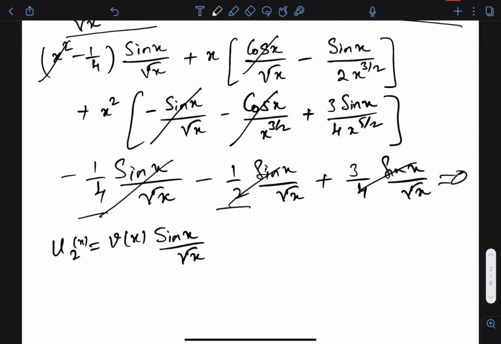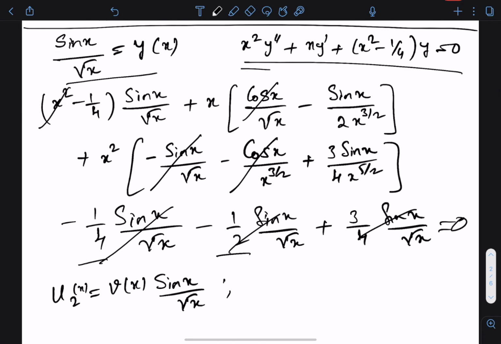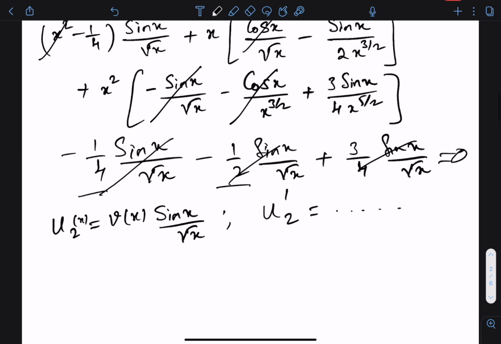We want u2 to be a solution to this ODE, which means it has to satisfy this ODE. Differentiate u2 once, you will get something in terms of v. I'm not going to do that, please go ahead and do it, it's the product rule.